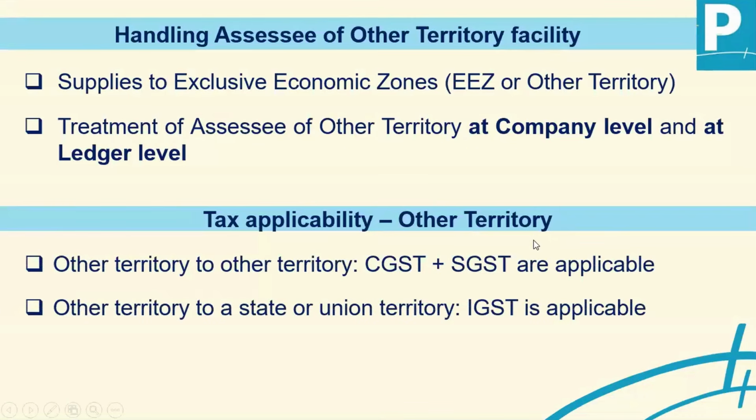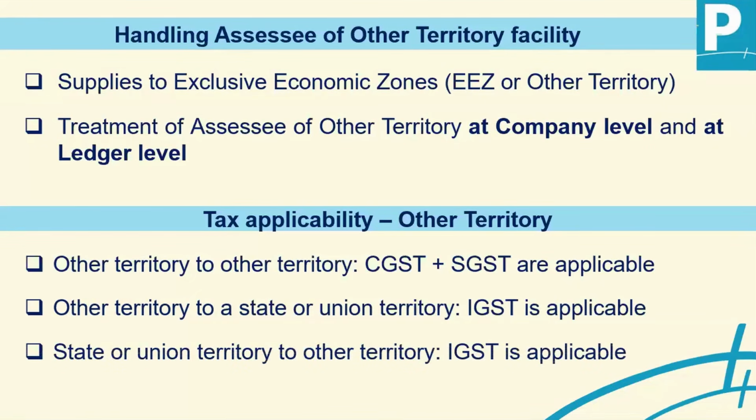From that SEZ, if anything is coming out of the zone within the state itself, the IGST is applicable, though it is within the state itself. Similarly, anything going to that particular zone is also treated as an interstate supply. So the IGST is applicable.